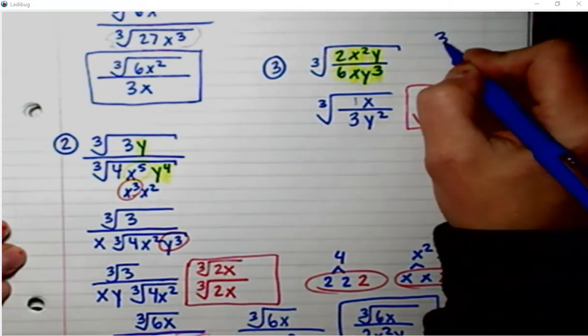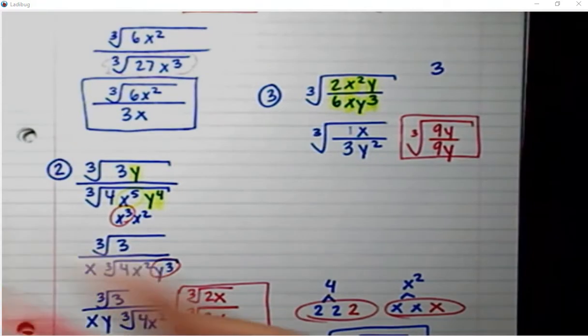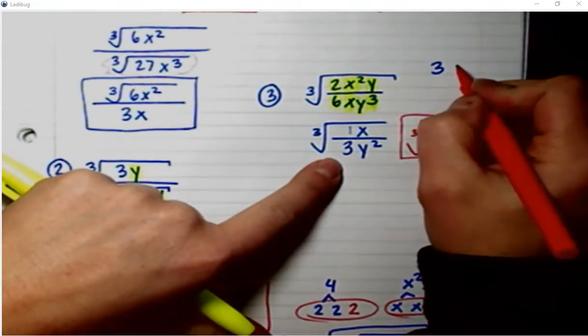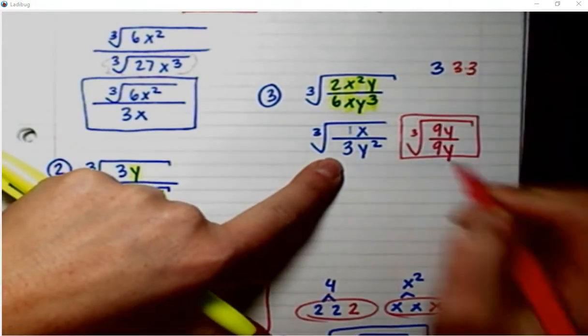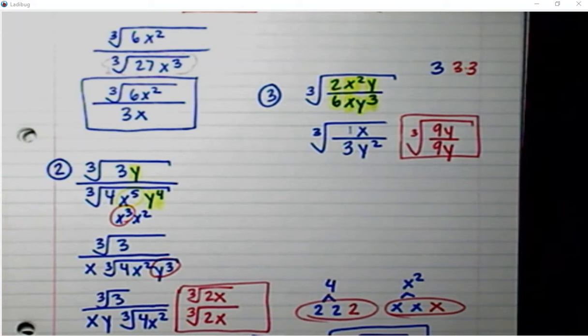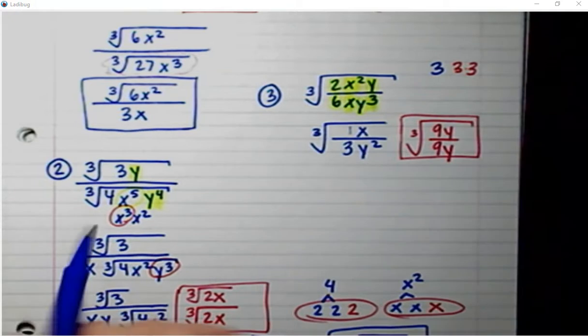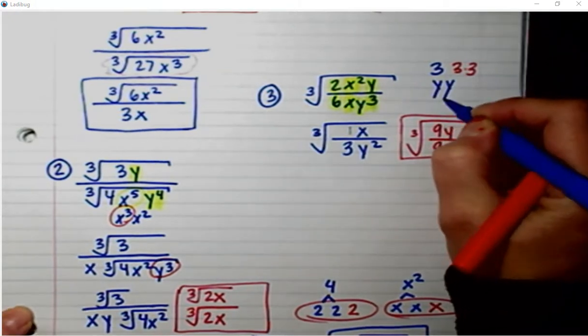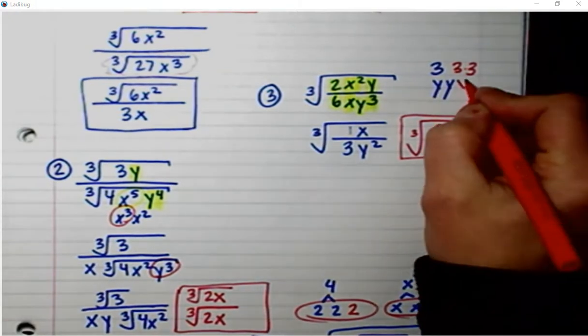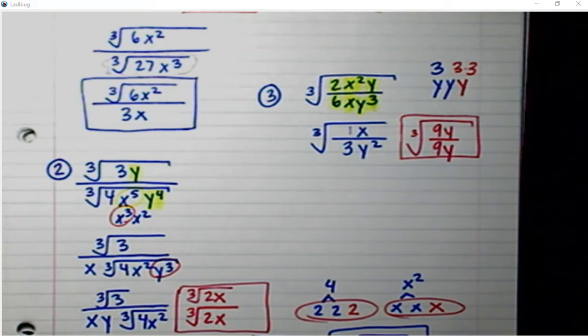Yeah. So I've got 1, 3. I need 2 more, which is 3 times 3 is 9. And then why did you choose y to the first power? Because you need y to the third. Yeah, I've got 2 y's, so I need 1 more, and that makes my perfect cubes.